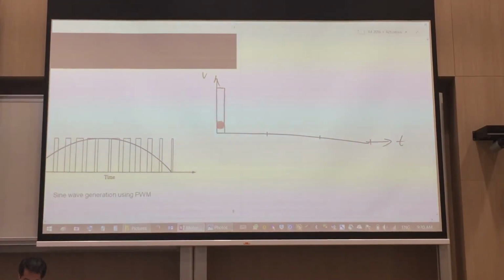So the overall effect of this is that I'll get the effective voltage over here. And then I give the next pulse at say around here, so the effective voltage that I'll experience will be at this level.